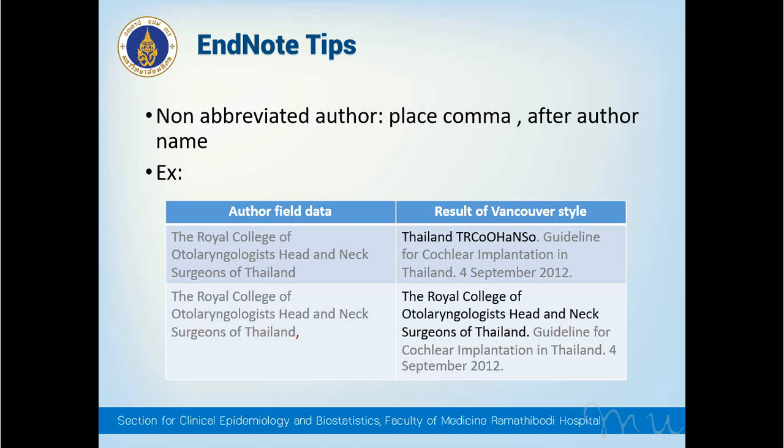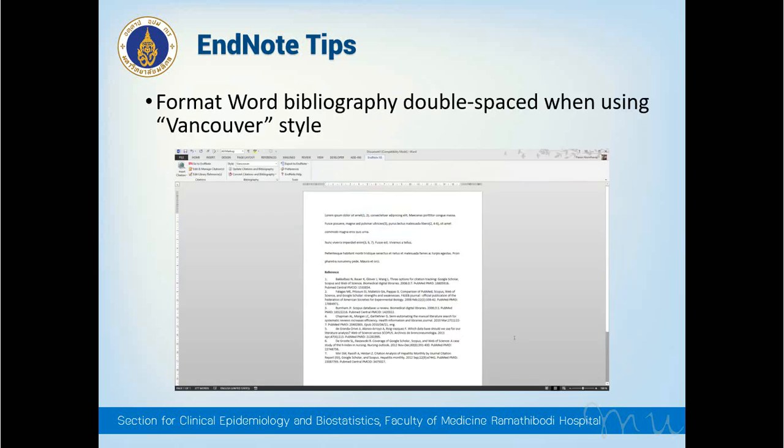If you find this problem, you put the comma after the name of the thing that you don't want abbreviated, so it won't abbreviate anything. But if you don't use this, it just happens sometimes. So if you find this problem when formatting the reference, you edit it like this.